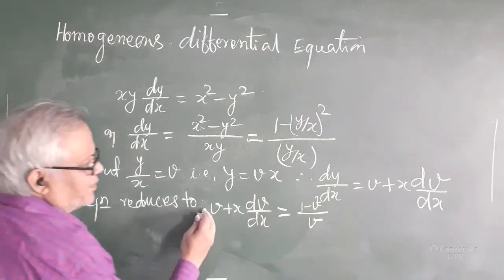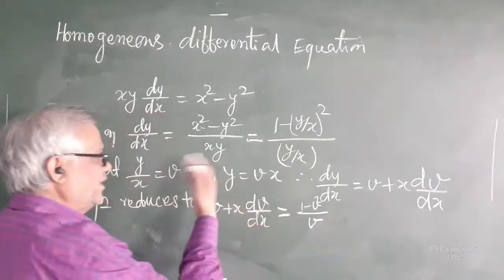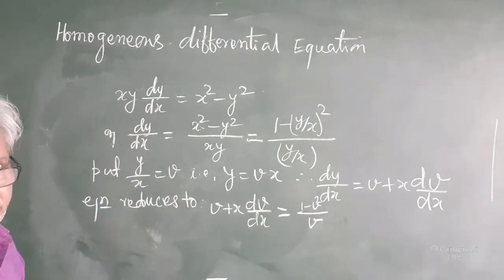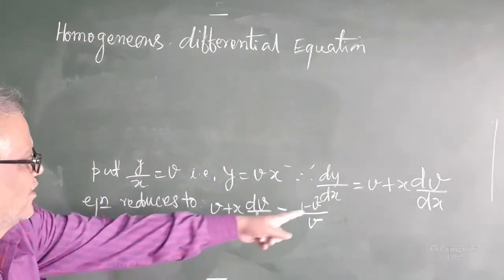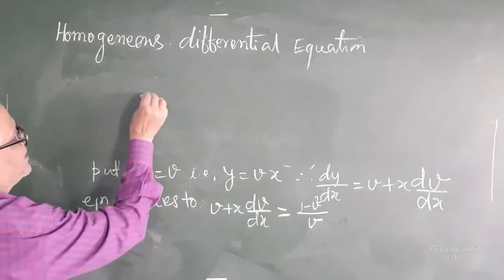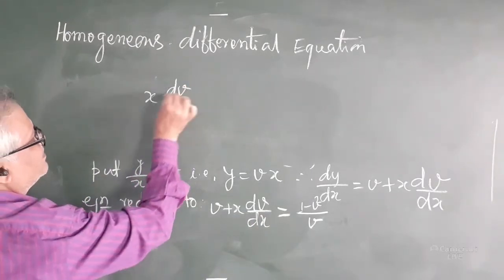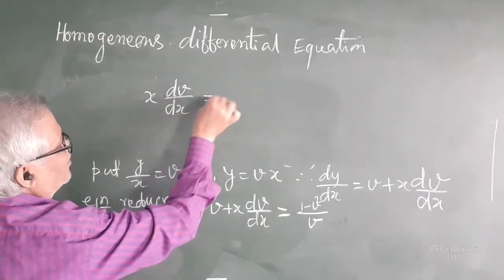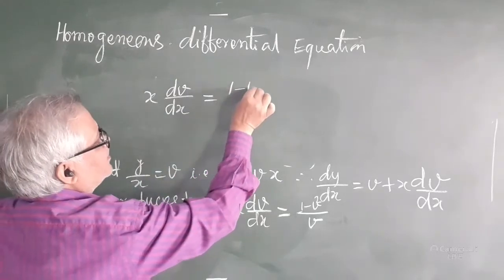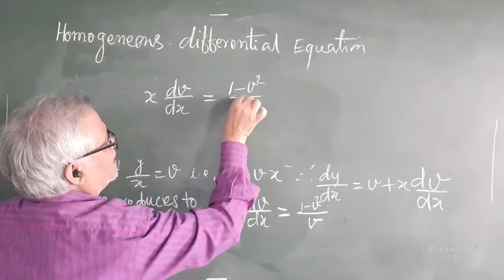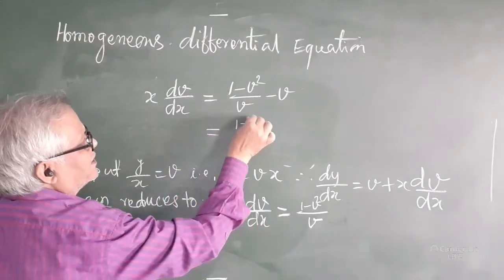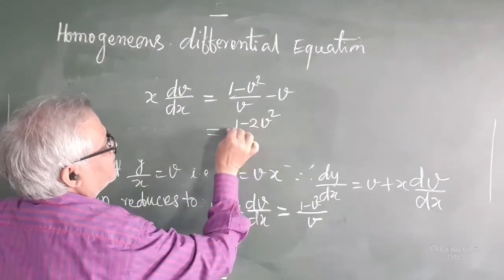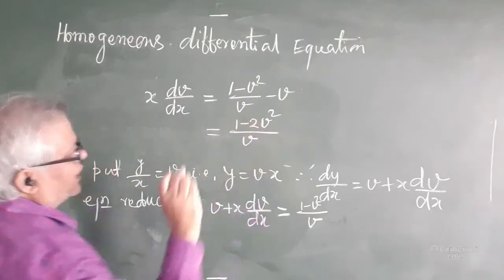And then I shall transfer this on this side, and then we separate the variables to integrate. Transfer it on this side, we have x dv by dx is equal to 1 minus v square by v minus v. So this is 1 minus 2v square divided by v.